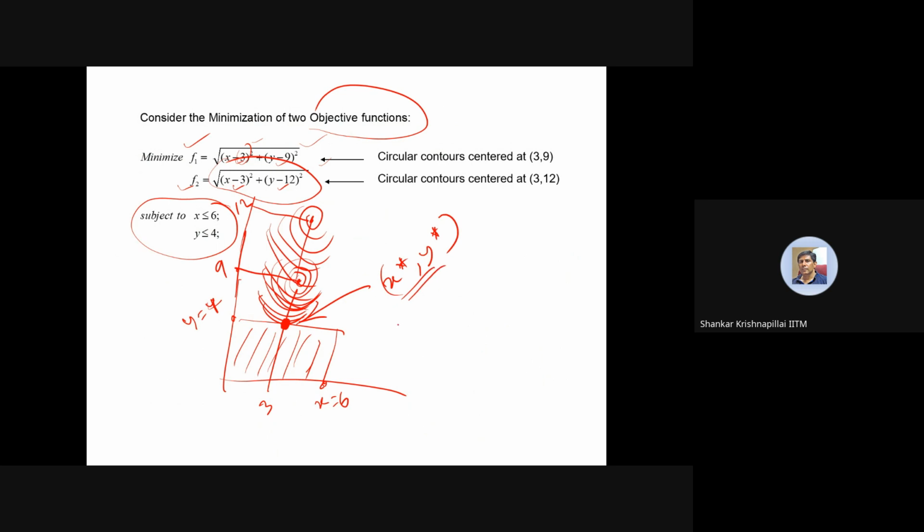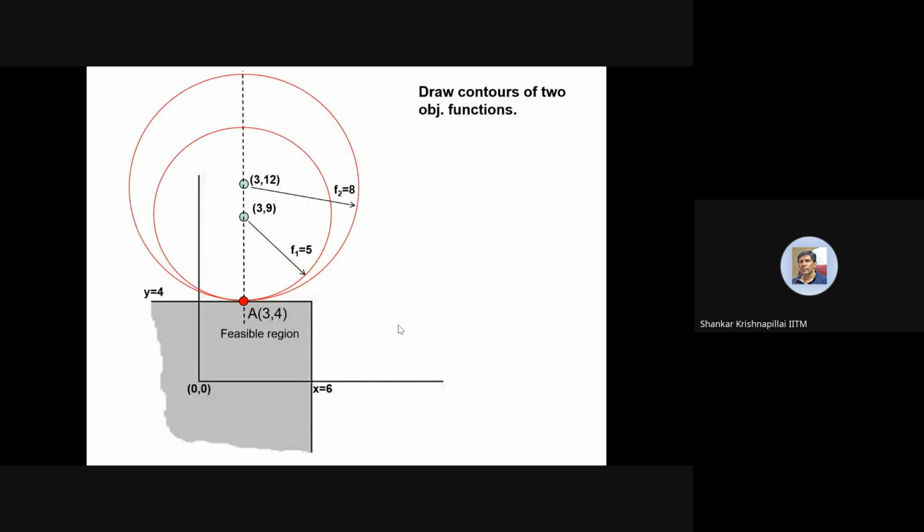So in this type of problem, there is no conflict. One objective function is centered at (3, 9), and another is centered at (3, 12). The contours will hit the feasible region at (3, 4).